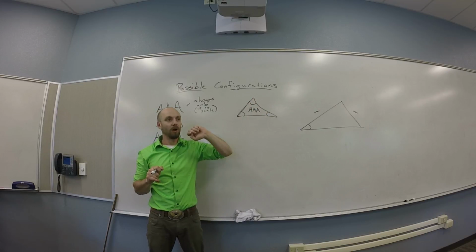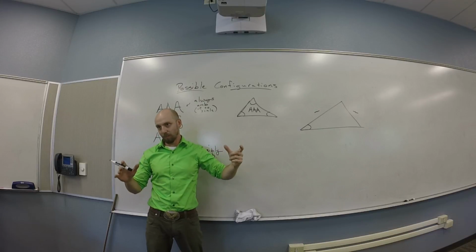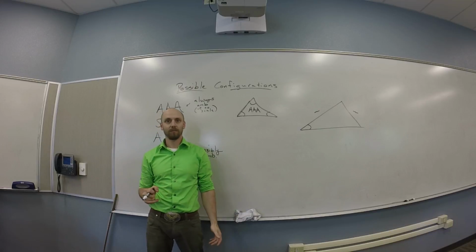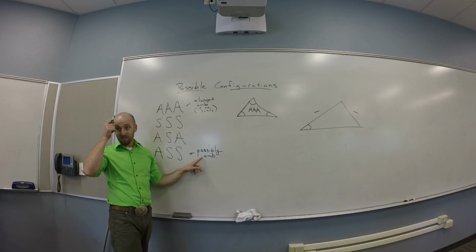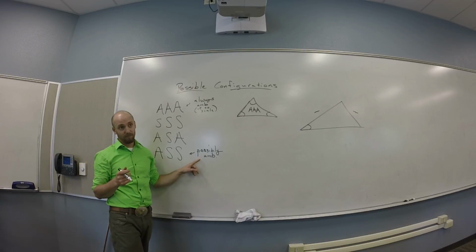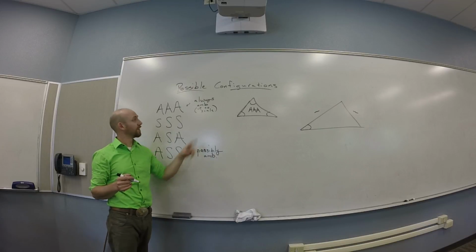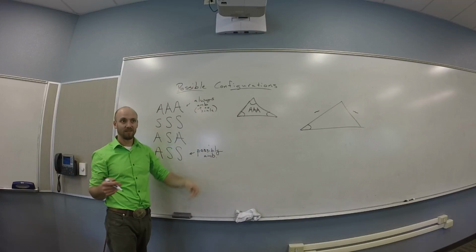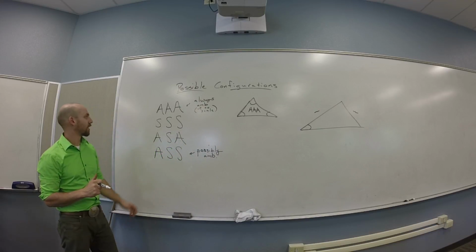But if I'm not given one of the sides and I'm not allowed to declare my own units, then I'm kind of out of luck on that. This one's possibly ambiguous, but the ASS configuration was going to give us how many possible answers? 2. Really just 2 answers, and this one gives me infinitely many. Okay, so let's see if we can figure out some of these others.